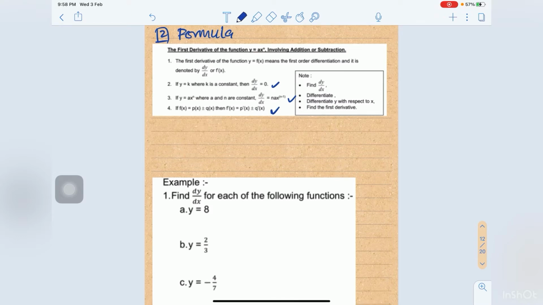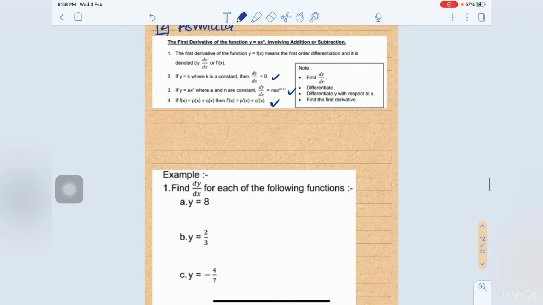Find dy/dx for each of the following functions. So y equals 8. y equals 8 is a number, so dy/dx equals 0. The rationale is that we already know dy/dx is the gradient.